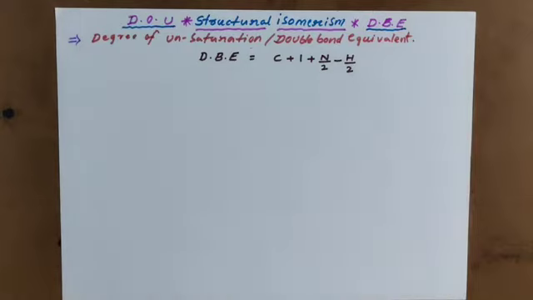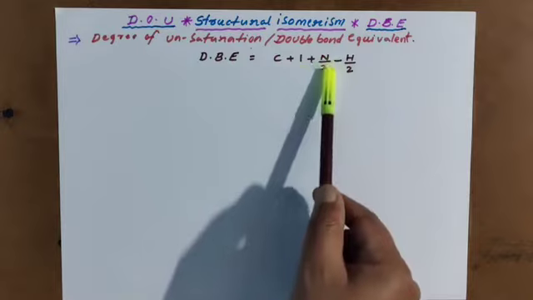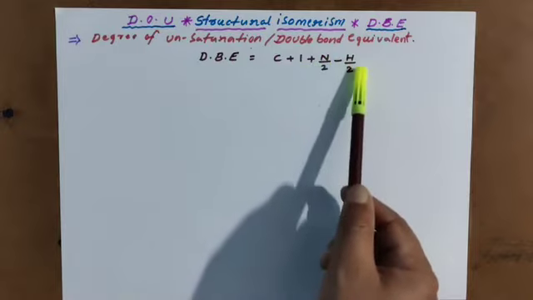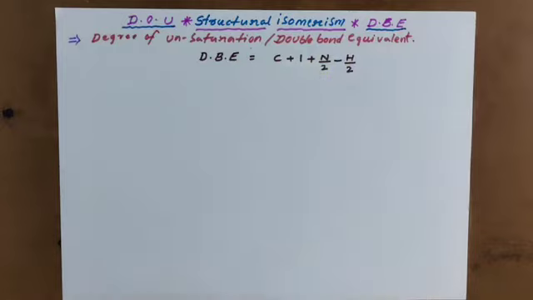This is the formula we have to use to calculate degree of unsaturation. Here C means number of carbon atoms, N means number of nitrogen atoms, H means number of hydrogen atoms. And this is the formula you have to remember.